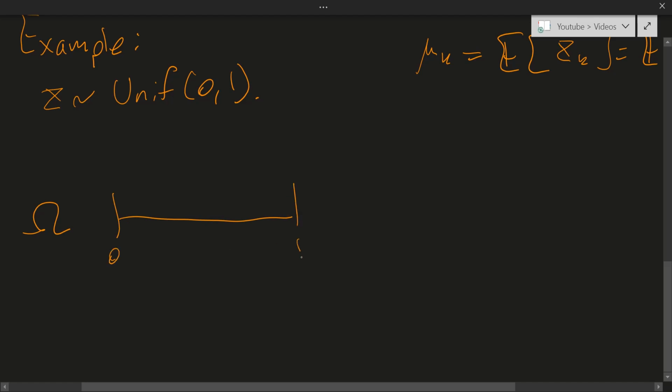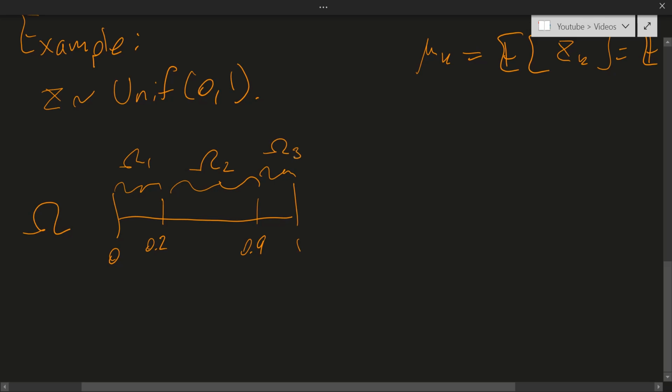Then we might, this is a bit arbitrary because this is just a toy example, but we might split this into omega_1 from 0 to 0.2, then omega_2 and omega_3.